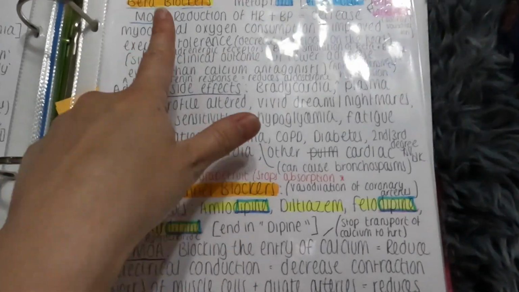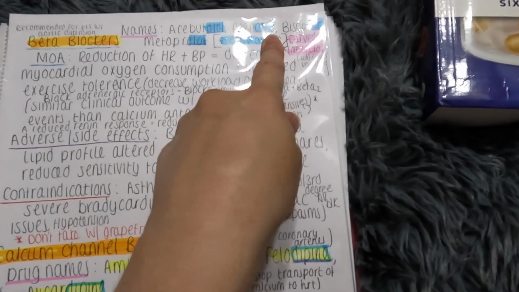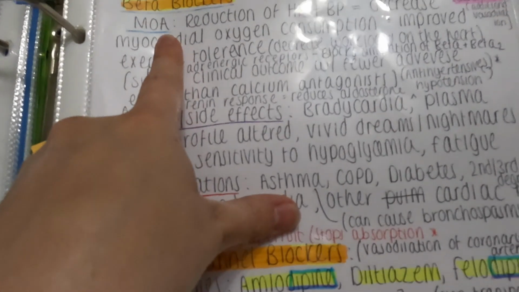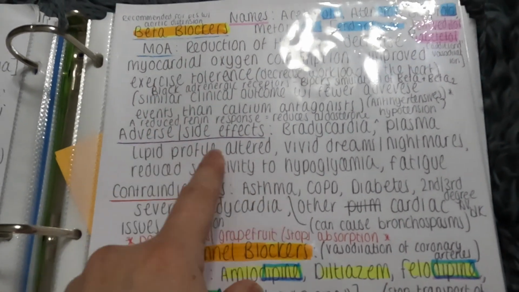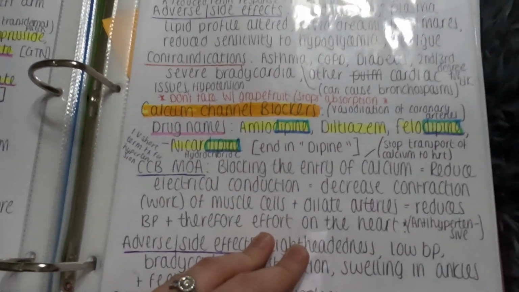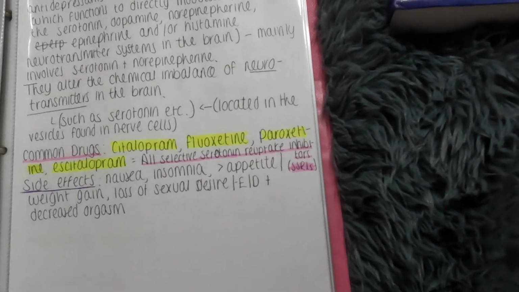So for instance, here I've got beta blockers, I've got what they end in, and I've got a list of medications, and I've highlighted that a lot of them end in OLOL. I've started with the mode of action, the side effects, contraindications, anything important I put in red, and then I went on to calcium channel blockers and did the exact same thing. So yeah, and I did this with all the meds.